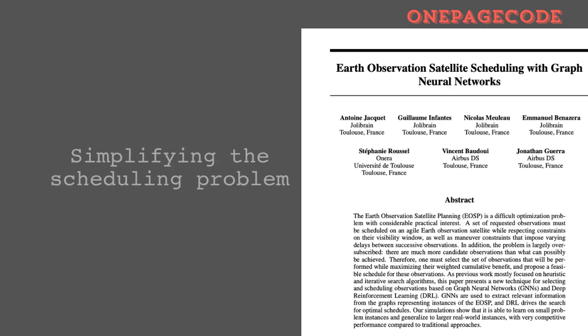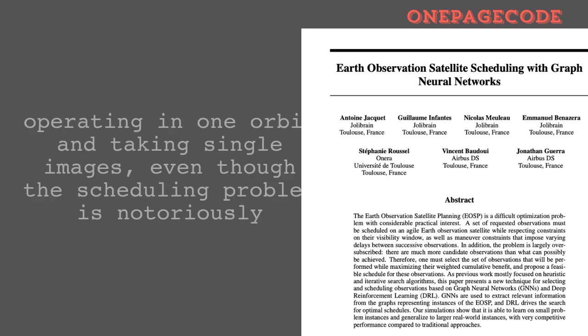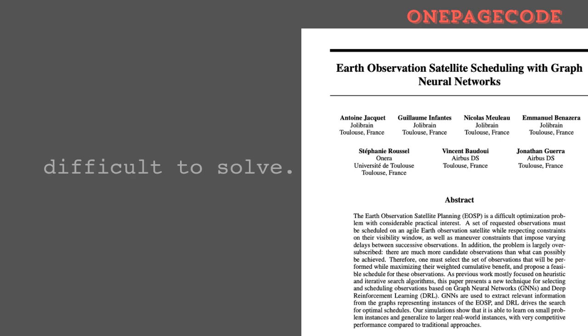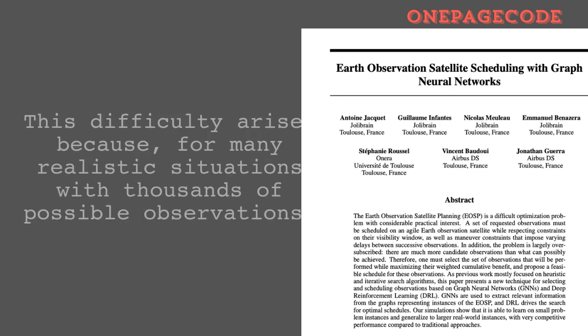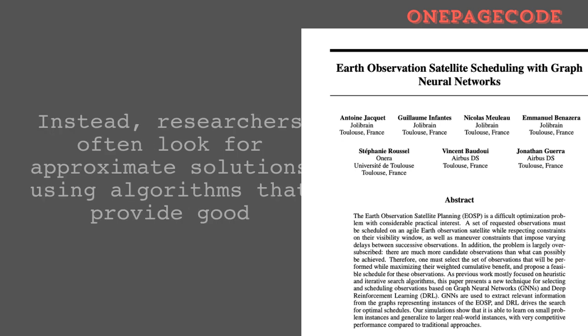Simplifying the scheduling problem. In this research, the analysis is limited to simpler scenarios involving one satellite operating in one orbit and taking single images, even though the scheduling problem is notoriously difficult to solve. This difficulty arises because, for many realistic situations with thousands of possible observations, finding the perfect schedule isn't feasible.